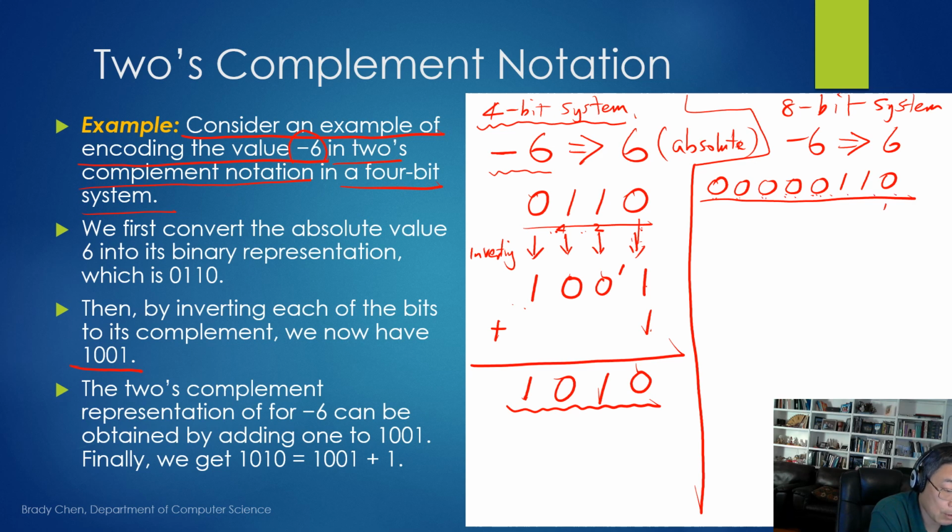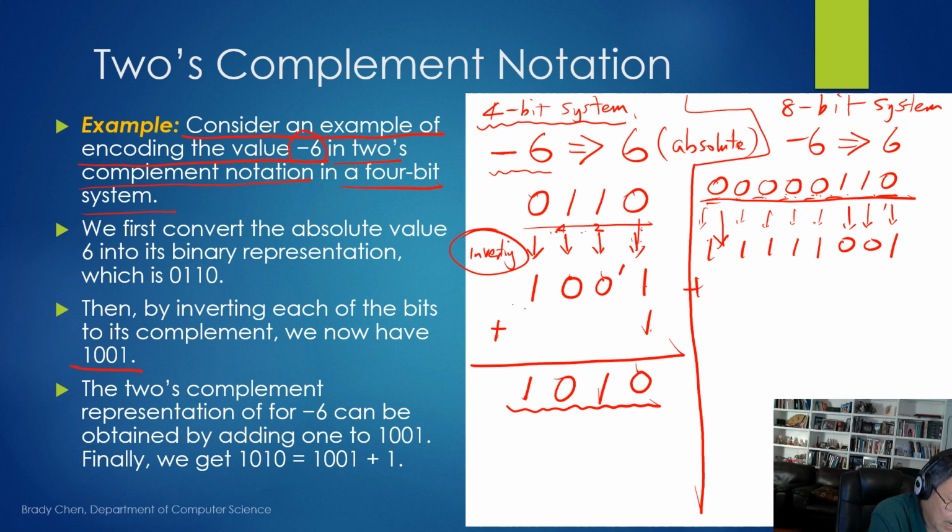So it's 0, 1, 2, 3, 4, 5, 6, 7, 8, right? And then we can do the inverting, just like here. So this becomes 1, 1, 1, 1, 1, 0, 0, 1, because 1 becomes 0, 0 becomes 1, right?